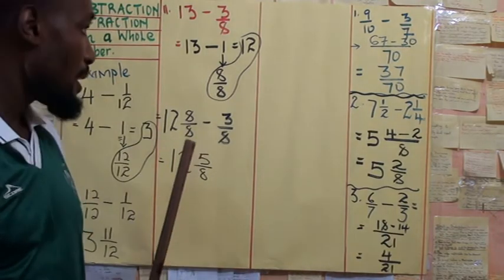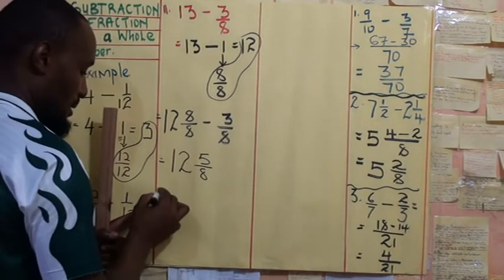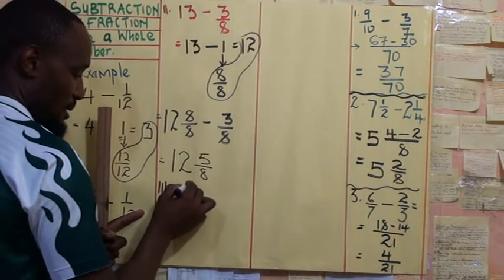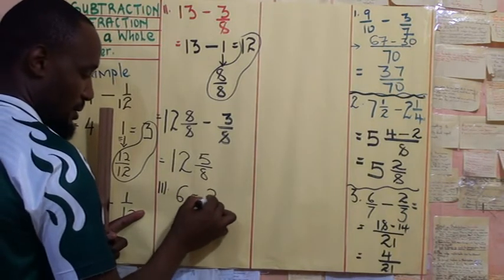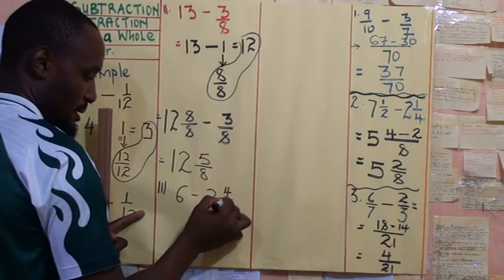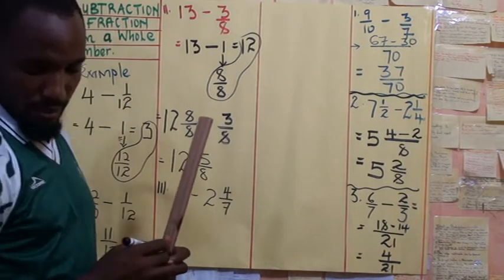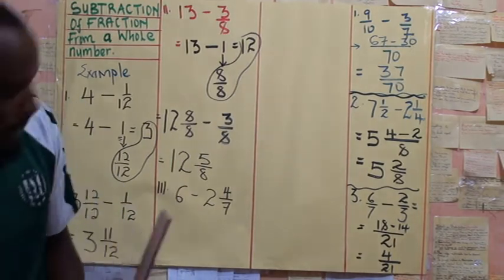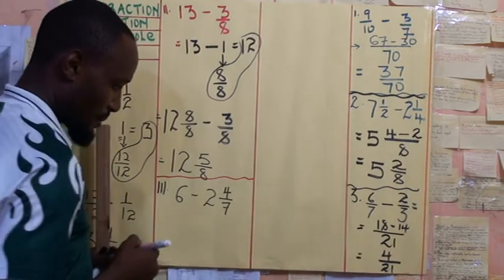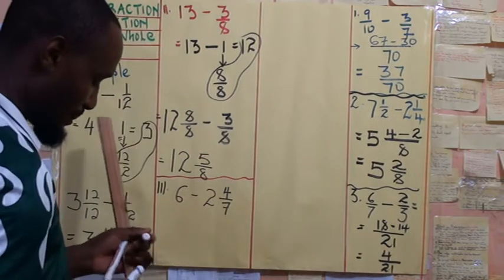Whatever you are given, example number 3, 6 minus 2, 4 over 7. What if you are given that? What you're going to do, you do the same.